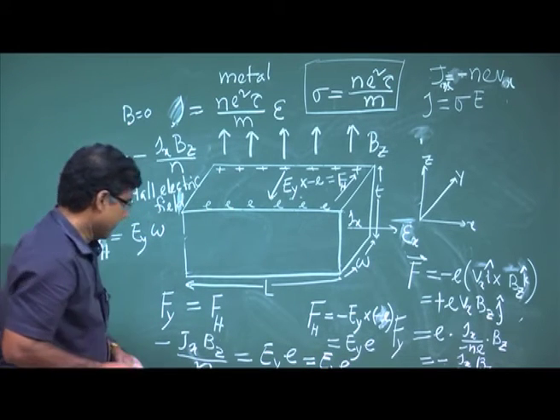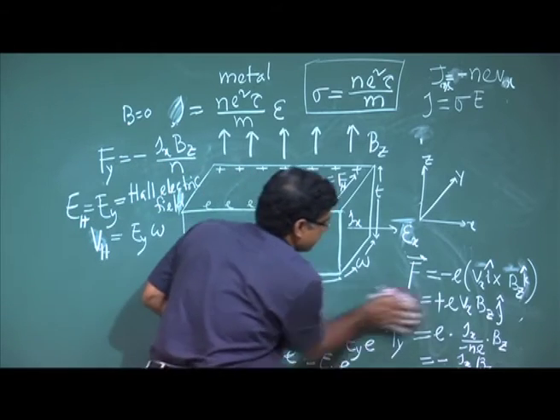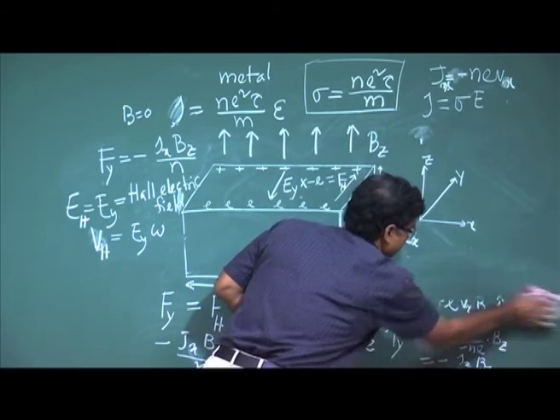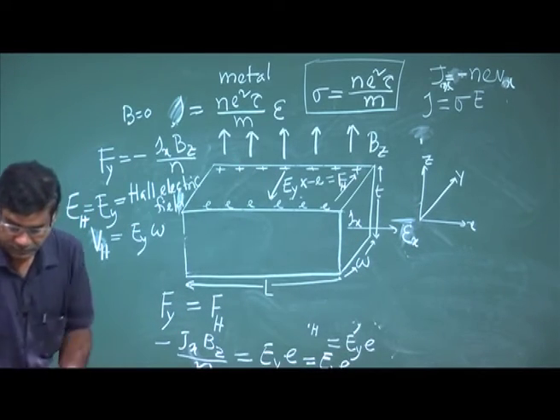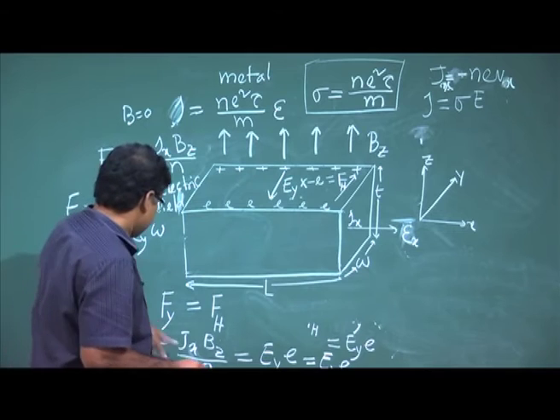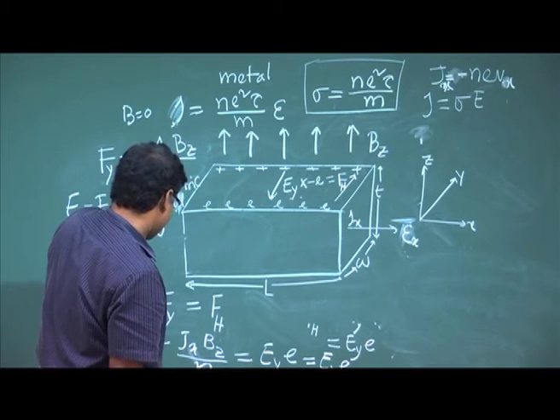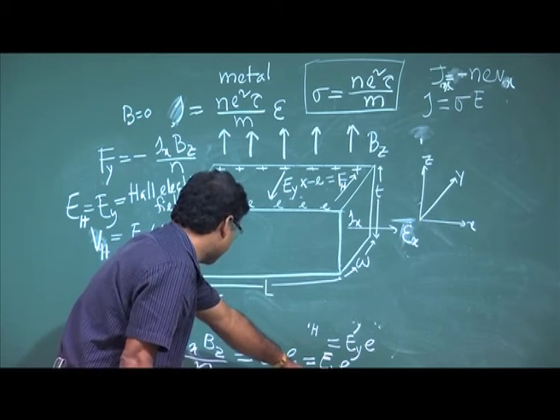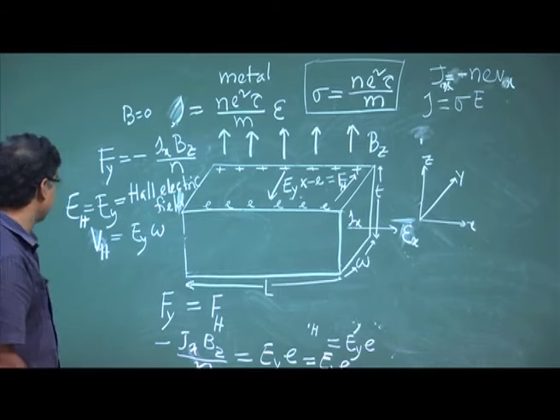Let us see. So, ultimately what I am getting, from here I am getting E_H equal to, so I want to find out the Hall electric field. So, I am getting Hall electric field E_H.